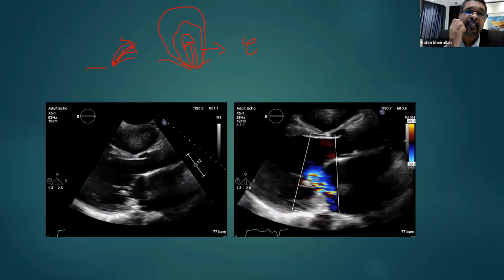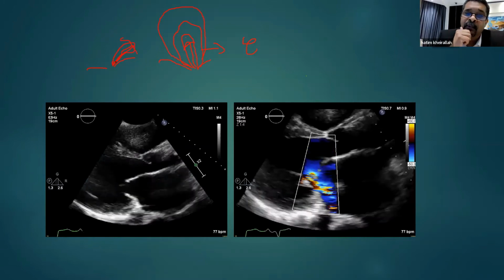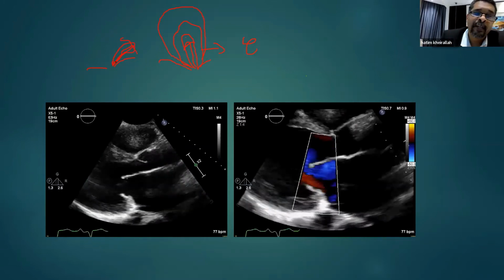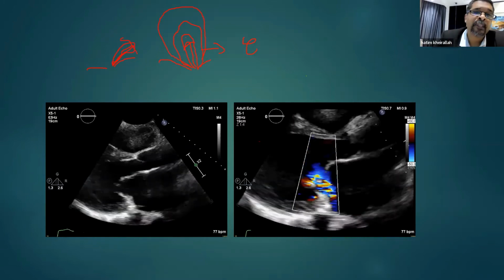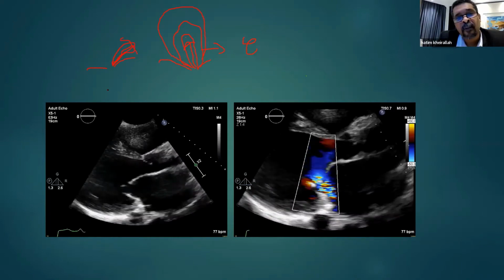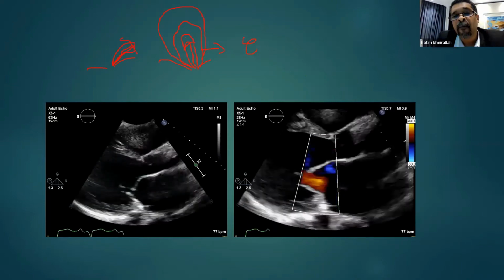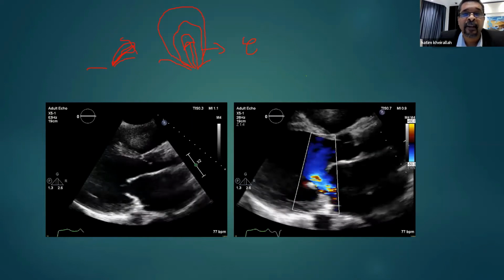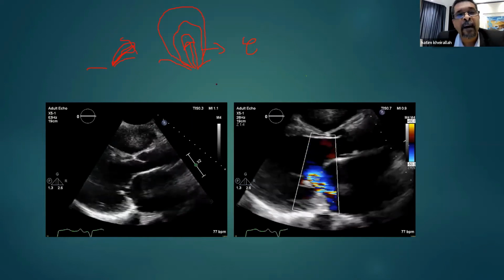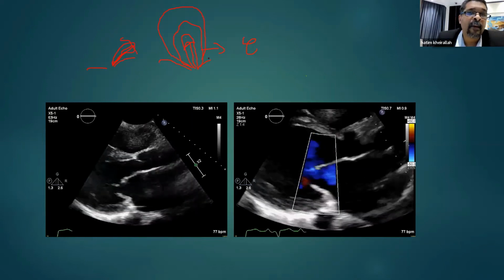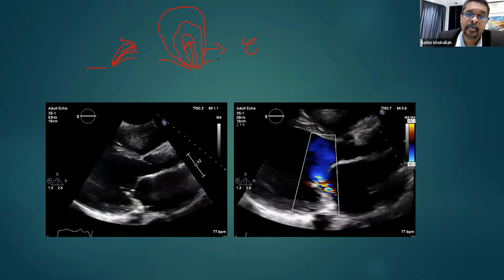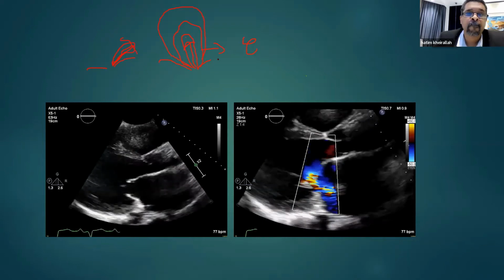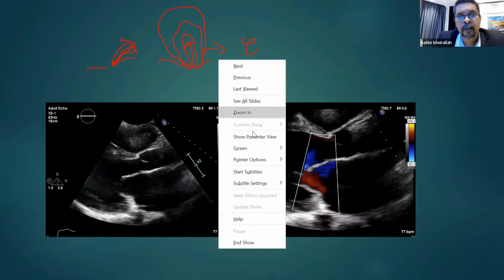So remember this Coanda effect because of the eccentric jet. And that's why in an eccentric jet, you better go quantitatively and check the vena contracta and go by volumetric assessment and stuff like that, because the jet mapping itself might be deceptive, okay? Good.